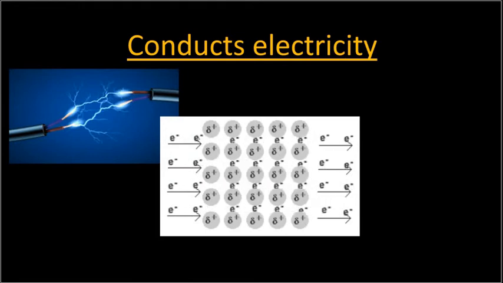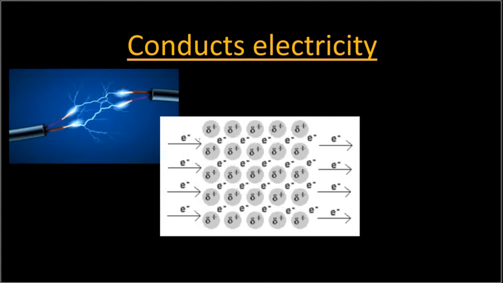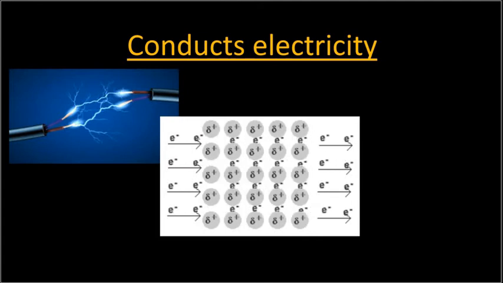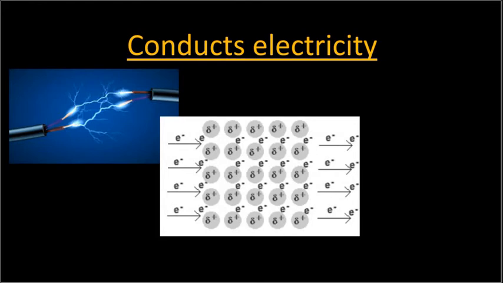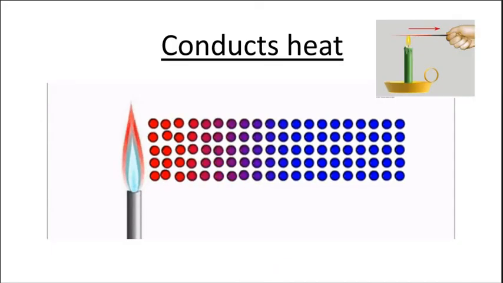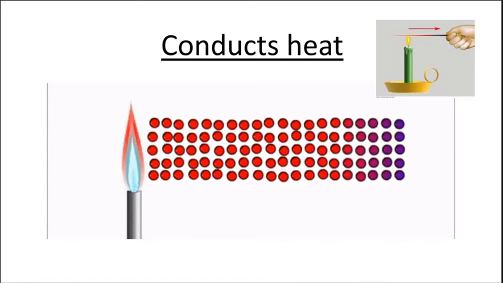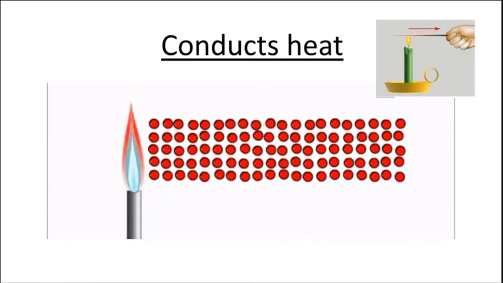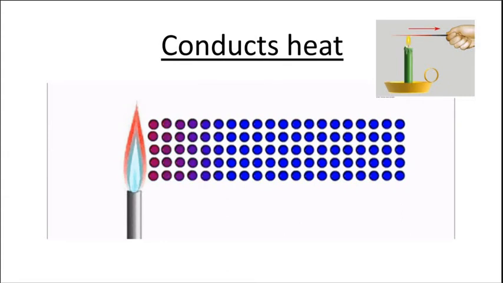Okay, next you have the ability of metals to conduct electricity. Now, electricity, if you'll remember, is just moving electrons. So what happens is, since the electrons of the metal are literally just kind of floating wherever, if you add in electricity from one side, it's just going to take their place and shove them out the other side if there's too many.